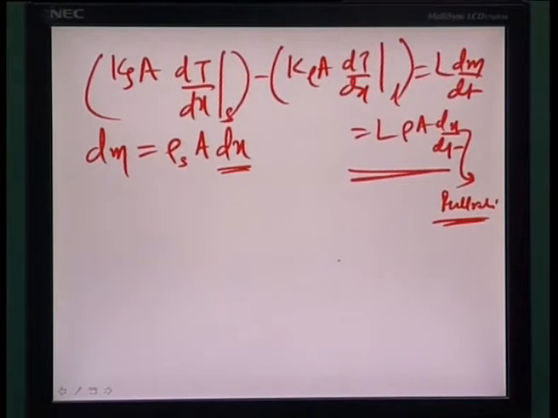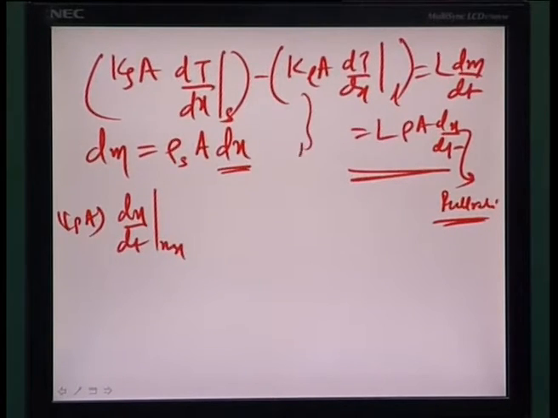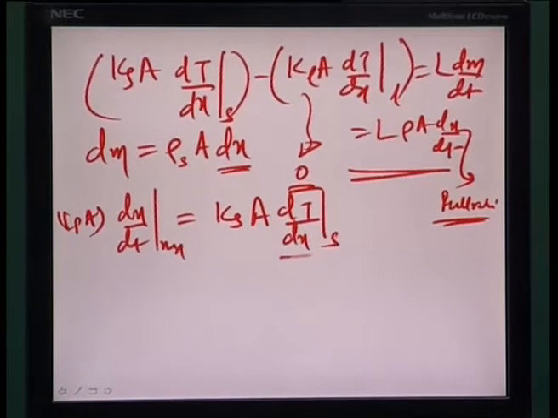The only situation where this dx by dt can be maximum would be the case when this term effectively is 0. Mathematically that is what it is. So, at the most, L rho A dx by dt max can be written as the thermal conductivity of the solid times area of cross section times dT by dx of the solid phase.